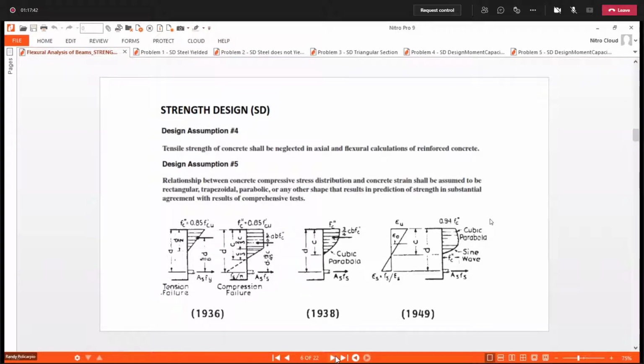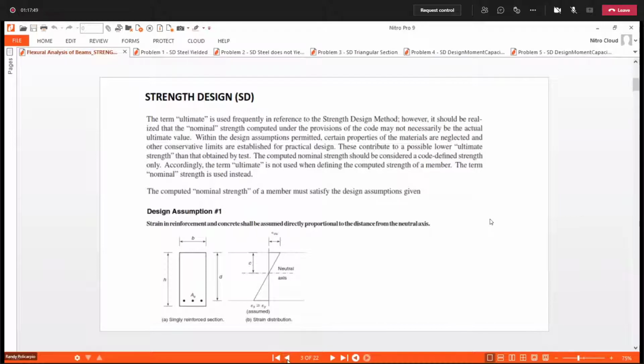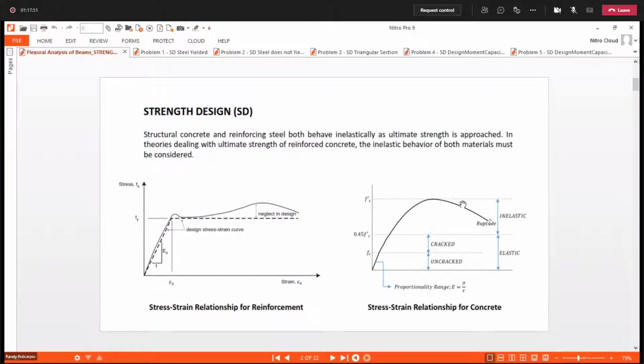So, but remember, as I have presented a while ago, ito, no? So, balikan natin. Ito yung diagram nung stress strain diagram natin, no? Ito yung pinaka-diagram nung concrete kapag tinest mo yan, no?